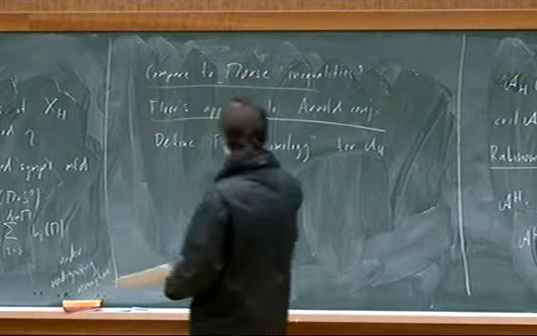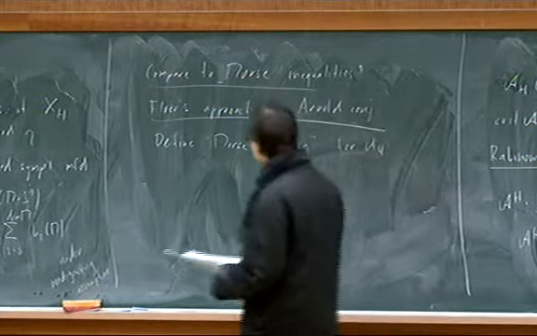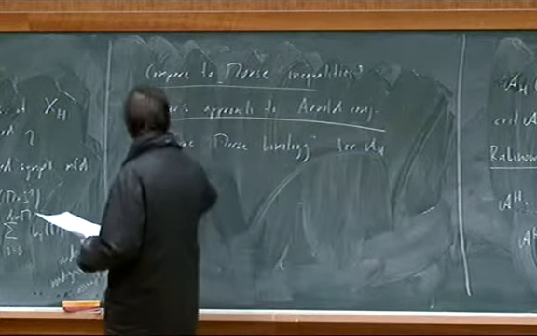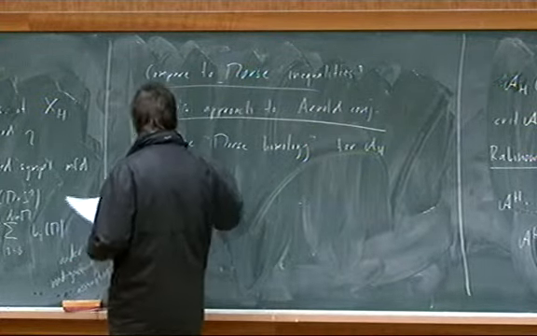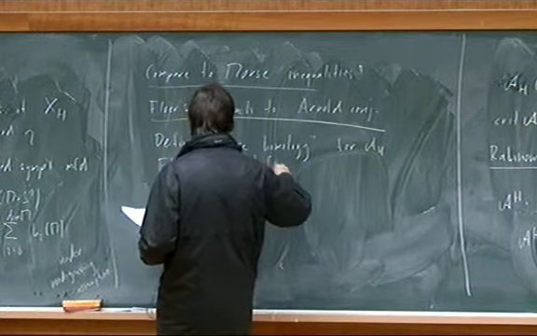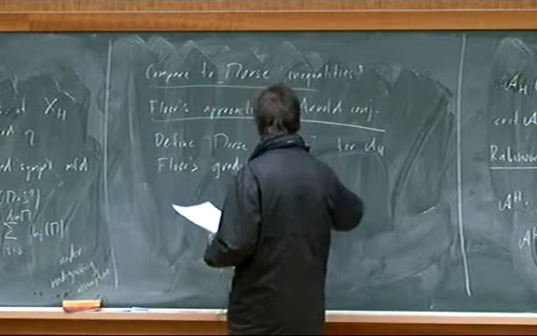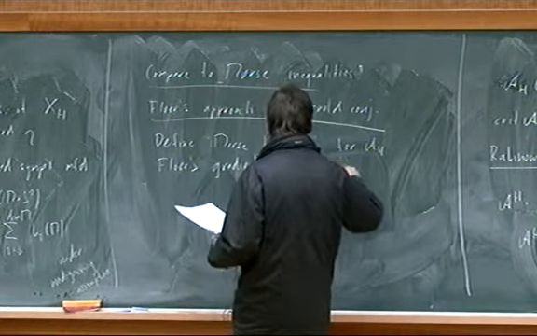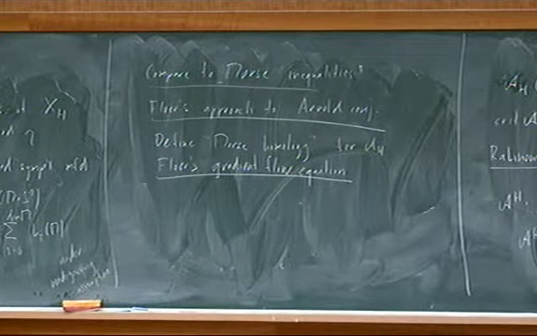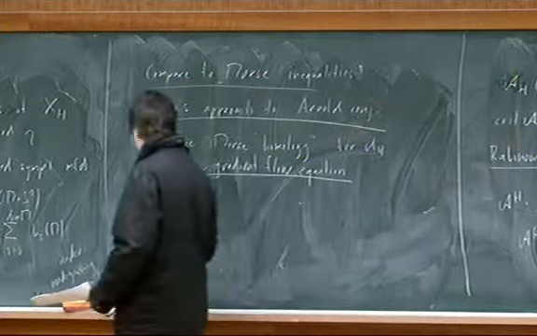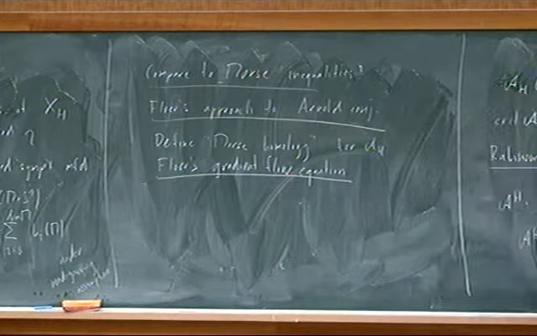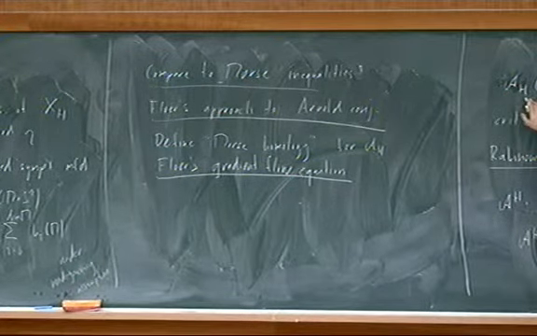Okay, so Floer wants to define this Morse homology, and so he has to come up with a gradient flow equation. So what's Floer's gradient flow equation? And here he was a bit bold, since this functional is on this loop space.